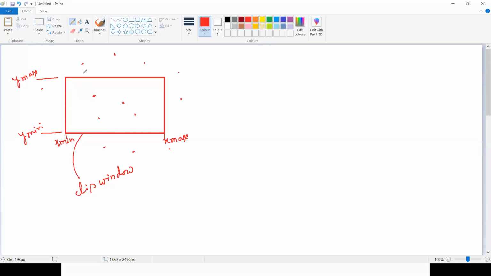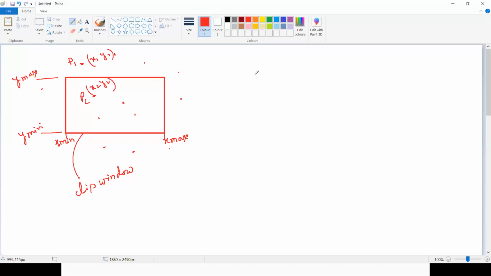Suppose this is a point P1 and this is another point P2. We want to check whether P1 is present inside the clip window or not. It is very simple. For the point P1 the coordinates are x1 and y1, and for the point P2 the coordinates are x2, y2.